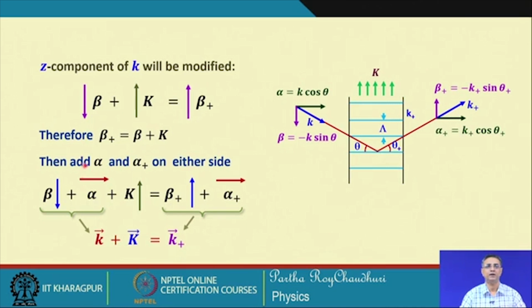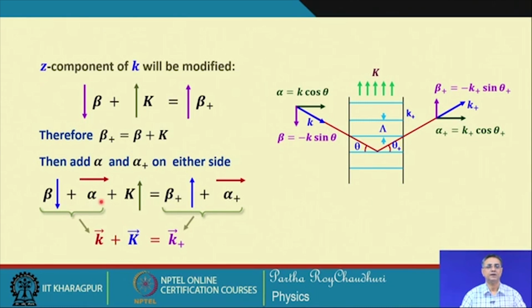But we see it using this vector model, and then alpha and alpha plus. If we add on these sides, that is, if you put alpha plus alpha here and alpha plus on this side, then we get beta plus alpha, because as a vector, this beta vector plus alpha vector is equal to k vector.